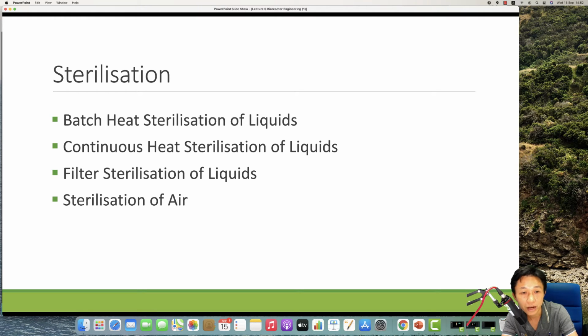Sometimes we have heat sterilization of liquid, and sometimes we use a filter to sterilize the liquid. And we need to sterilize the air as well, because the air can cause contamination in your system.